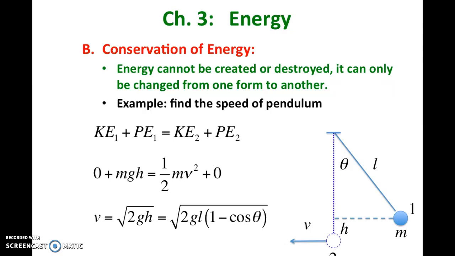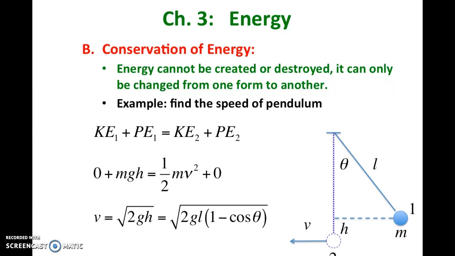Therefore, we have, according to the energy conservation, mgh equals half mv squared. Cancel the m from both sides, multiply 2, then square root.